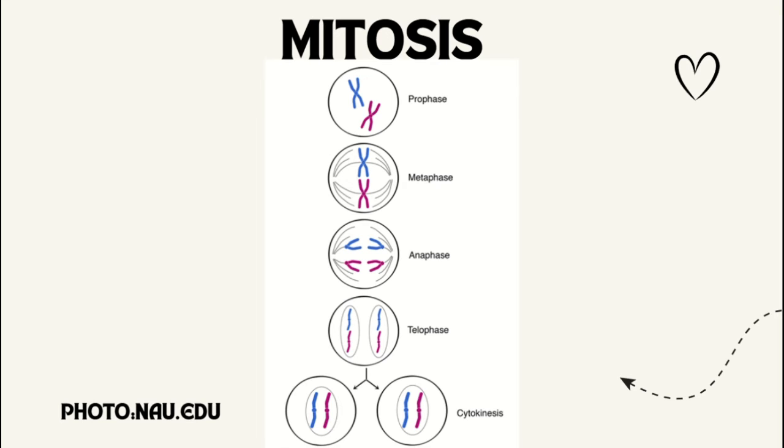The cell is just growing, getting ready to divide. We're just going to brush over the stages. So basically in interphase, we're going to have DNA replication taking place. We're going to have the cell growing and then growing some more. That's really interphase, right? So the cell spends a lot of time in that stage.